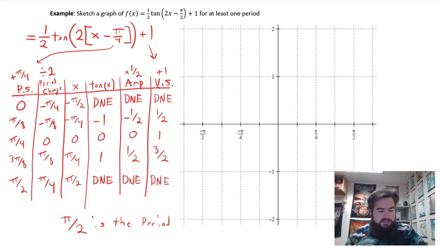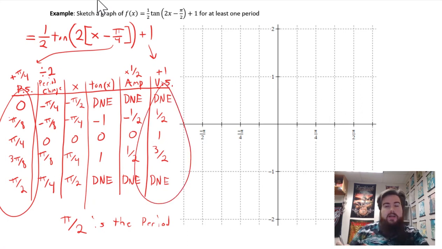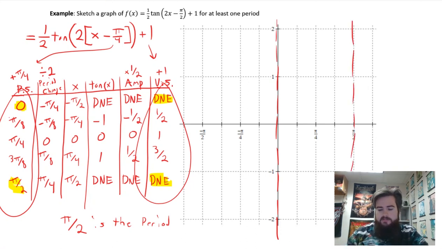I now should be able to make my graph. I have my x coordinates over here, and I can link those with new y coordinates. I will start with the asymptotes. I have at 0 is one vertical asymptote, and at pi halves is my other vertical asymptote for one period. So I have one vertical asymptote here, and another vertical asymptote here.